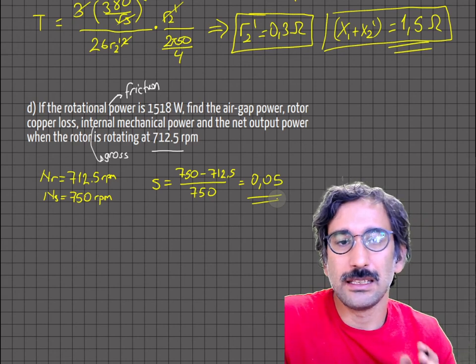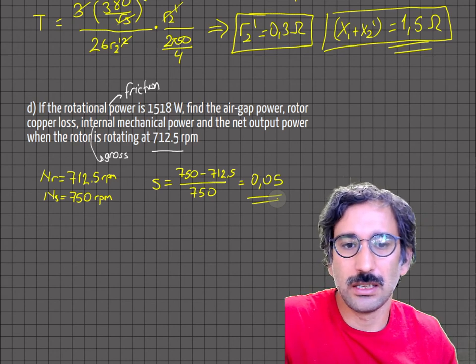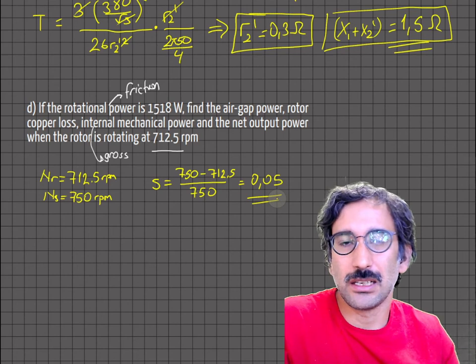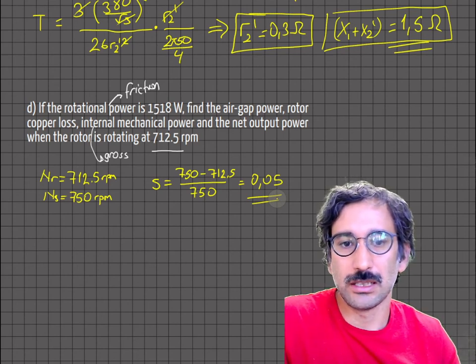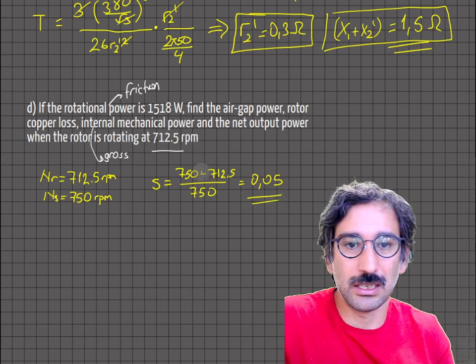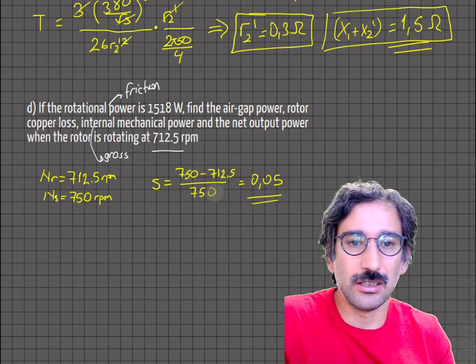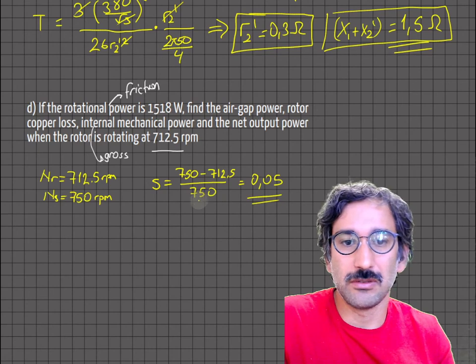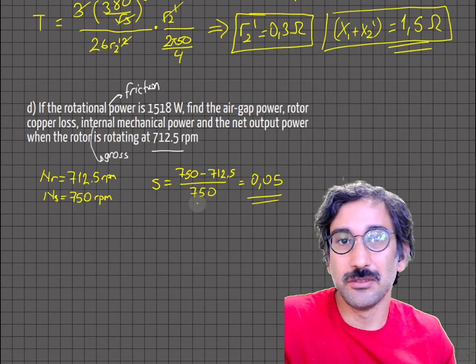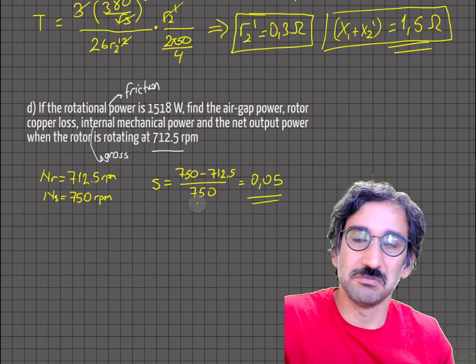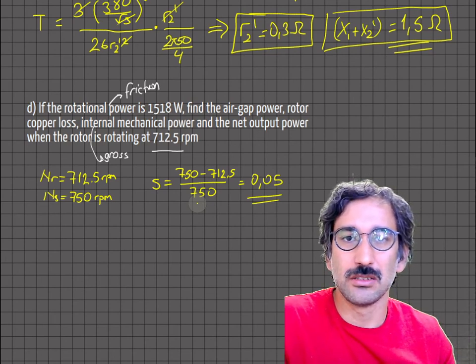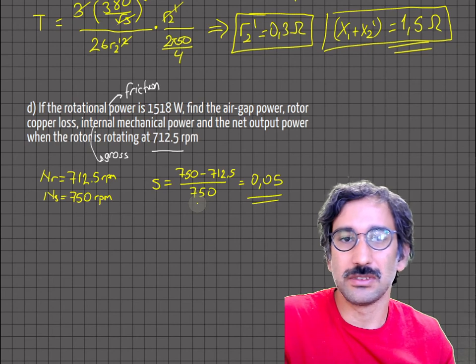So again, in the exam or in your professional life, once you make that kind of calculation, please ask yourself if it is feasible or not. For example, I can make a calculation error. Instead of 7.5, I can get 75, then the slip will be 5, and 5 is not realistic, so it shouldn't be in that kind of range.